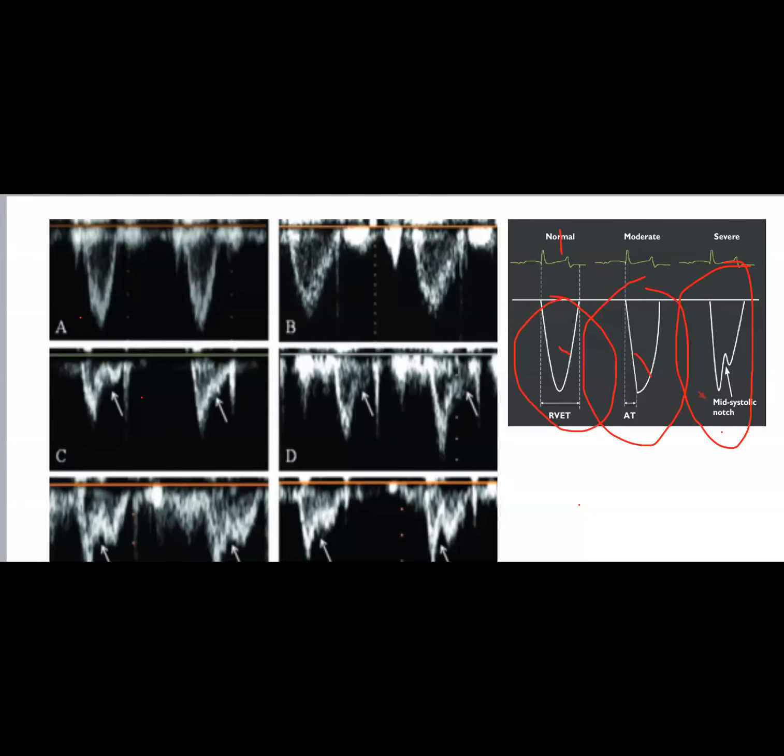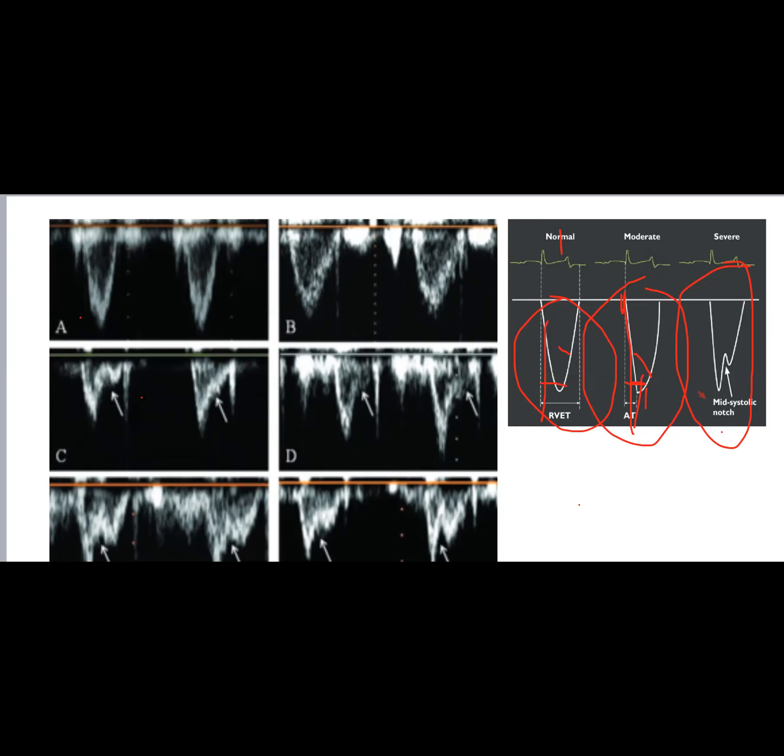Compare this one to this one. This is called the acceleration time, which is the time from the onset to the peak. This time is short. Now, compare it to the normal time, it's long. That's why we can calculate the acceleration time of this signal, and if it's less than 100, we are dealing with significant pulmonary hypertension.